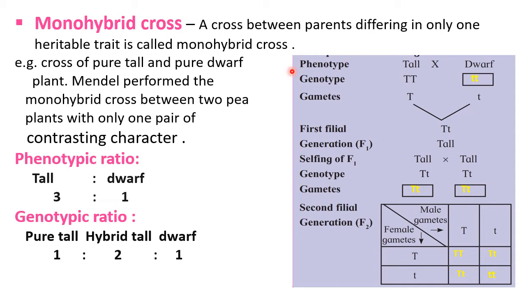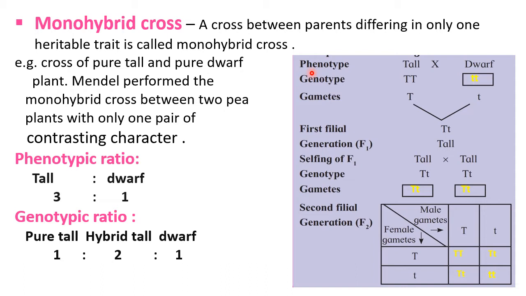Hence the cross is called a monohybrid cross. So the phenotype is tall and dwarf. You know that phenotype means the external appearance of an individual. So pea plants show two variants, tall plant and dwarf plant.